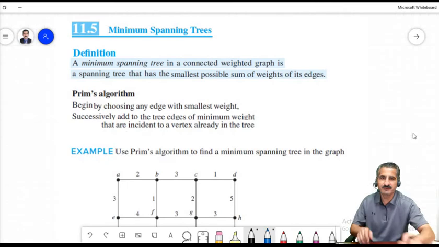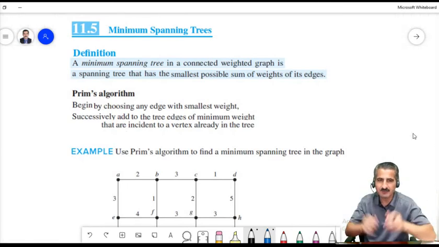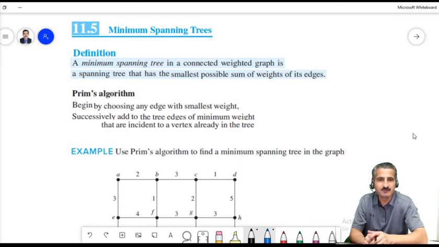Minimum spanning tree. As we have seen before, given a certain graph G, we can produce more than one spanning tree.